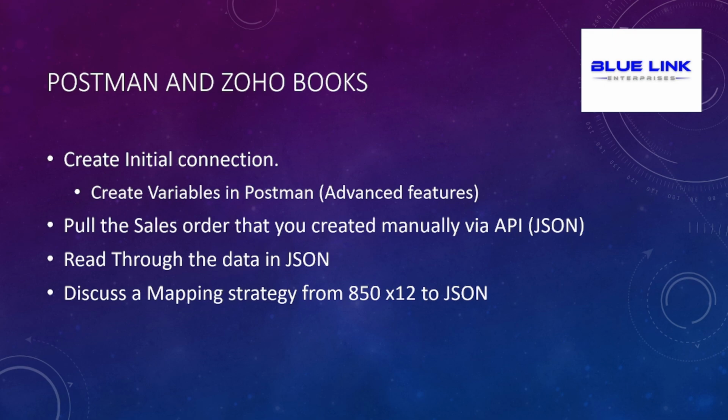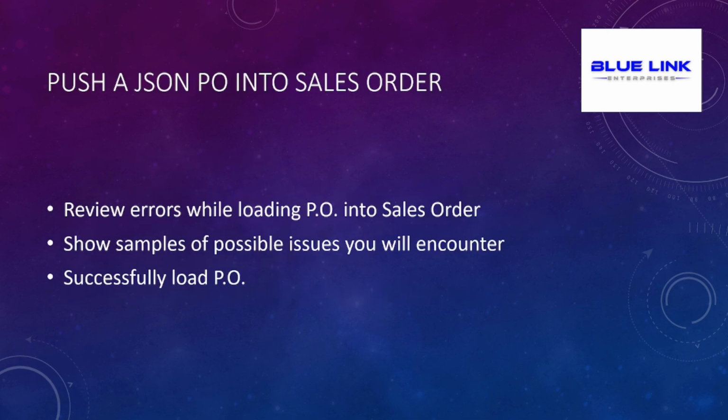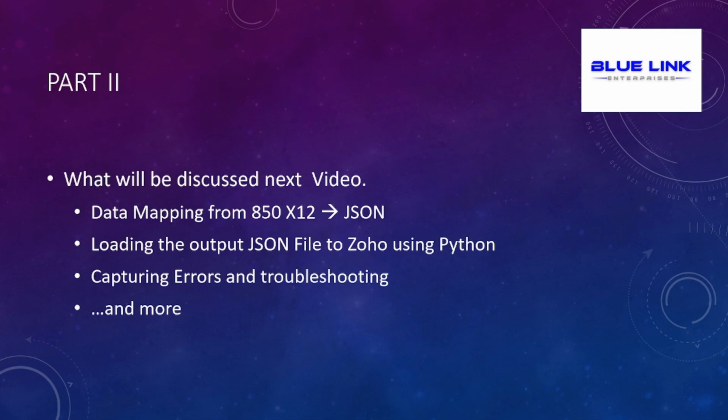We're going to be discussing the mapping strategy for the purchase order A50X12 to JSON. And then we're going to push a sample purchase order into a sales order. And we're going to review the errors and what happened when we try to load with an item that doesn't exist, or incorrect shipping ID or bill to ID, and so on and so forth.